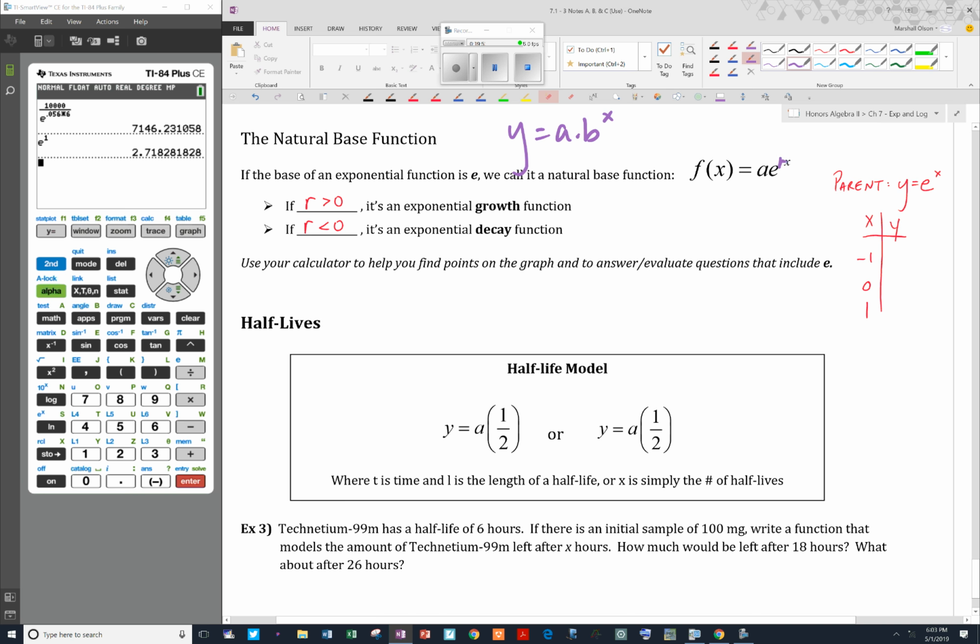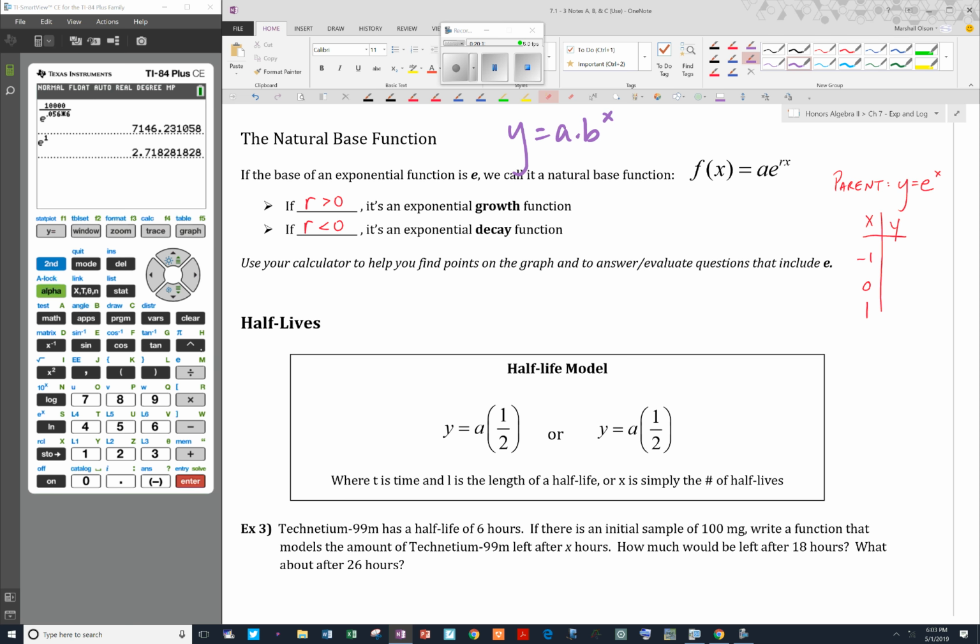We also have this value r being multiplied to x. If r is positive, then e will continue to be bigger than 1, and we'll have growth. But if r is negative, that'll flip that base, that e, and make it its reciprocal. And the reciprocal of e is, well, watch this.